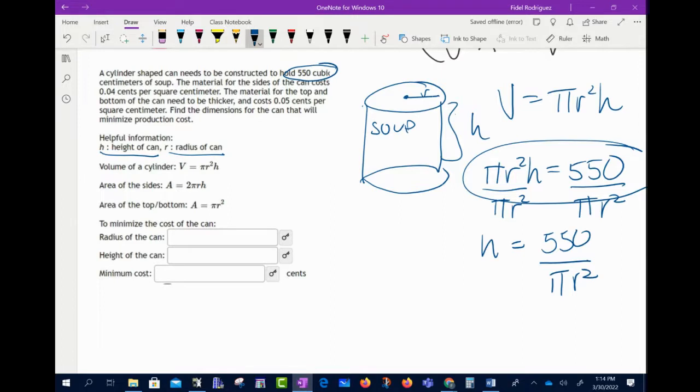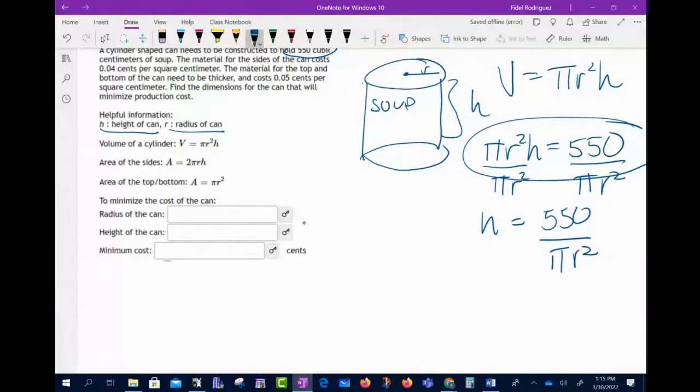The reason why I want to do that is we're going to find the surface area, right? The surface area is going to be the area of the top and the bottom of the can, and then the area of the side of the can, right?